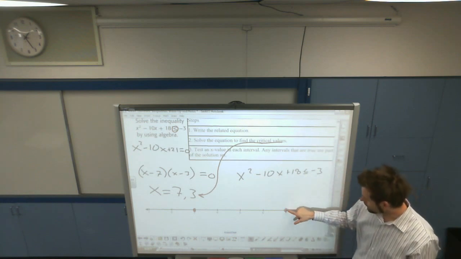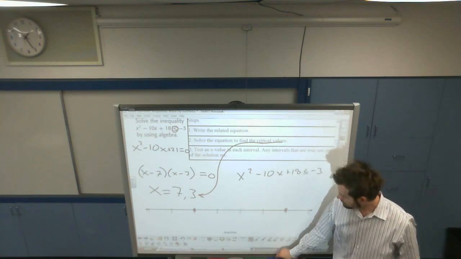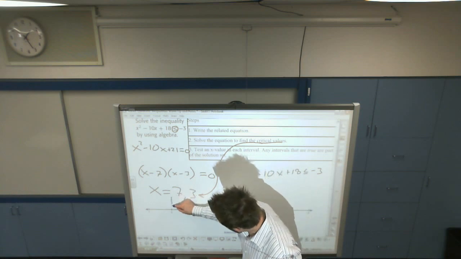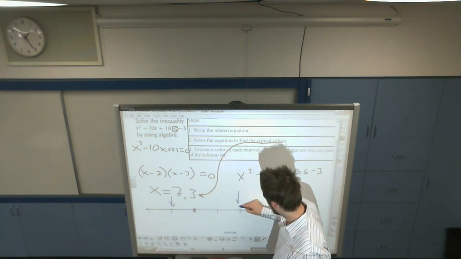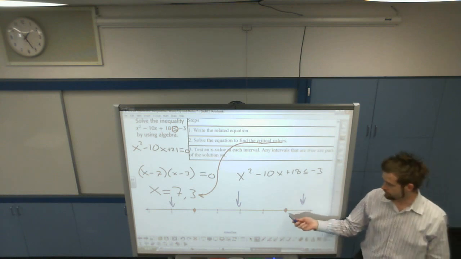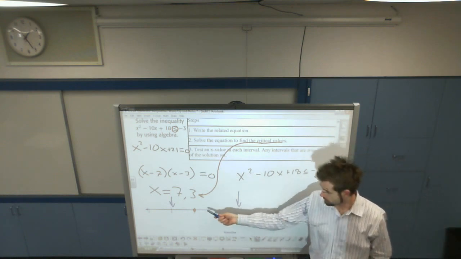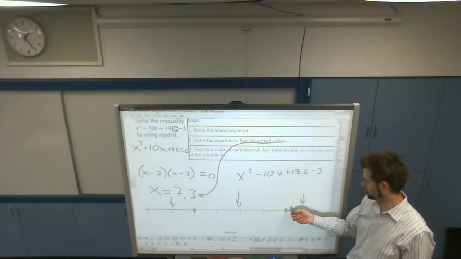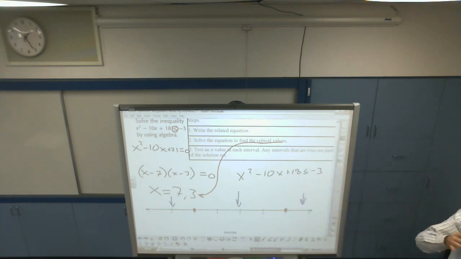I have gotten these two values, and they chopped my number line up into 3 distinct pieces. See that? There's the space in between them, there's the space over to this side, and there's a space over to this side. I have to figure out which of those regions my solutions are in.